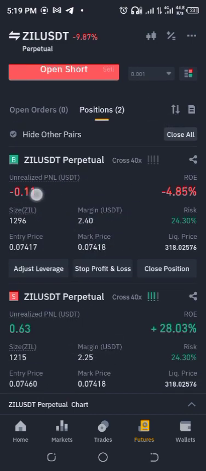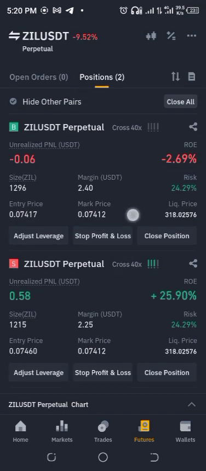Okay, this is the last position I opened on long. This is the short. Now, what happens here is this. If you look, they are having the same leverage, 40x, 40x. The liquidation price here is 318. Here, liquidation price is 318 as well.